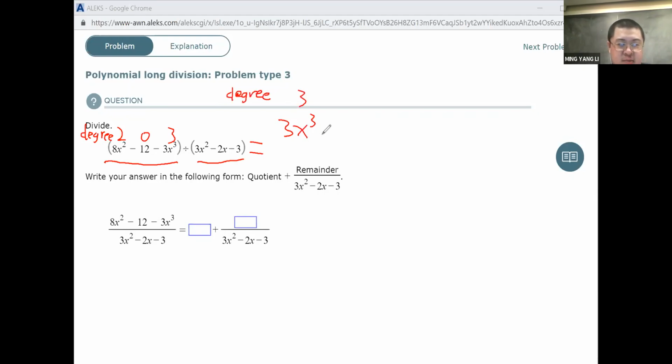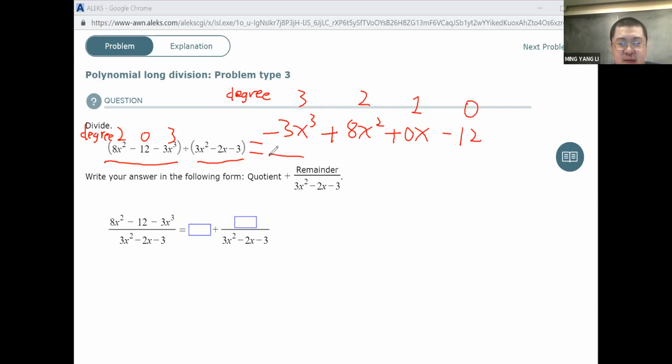Because we have negative 3, this is negative, and then plus 8x squared, which is degree 2. We don't have degree 1, so we need to make it up, and say 0x, this is degree 1, then minus 12, this is degree 0. Now this is perfect. 3, 2, 1, 0, nothing missed.